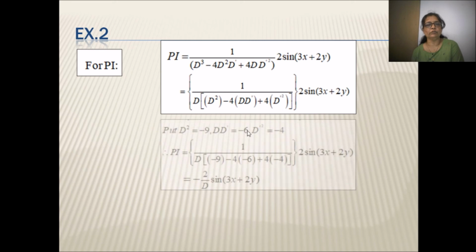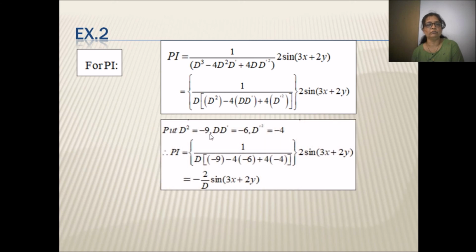And then substitute the values as D square equal to minus a square. A is 3, therefore here minus 9. D D dash is minus ab, a is 3, b is 2, therefore minus 6. D dash square is minus b square, b is 2, therefore equal to minus 4. Then substitute all these values here.